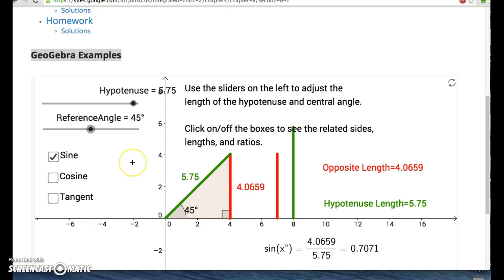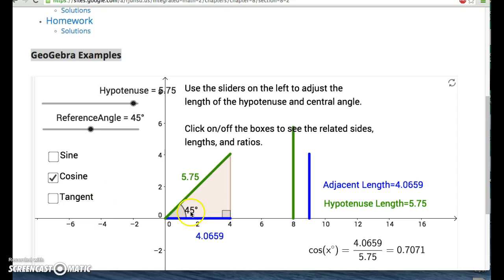Okay, next is cosine. And with cosine, now we're dealing with the adjacent side. We call it the next-to side, it is blue, next to the angle, divided by the hypotenuse. This is also a percentage.